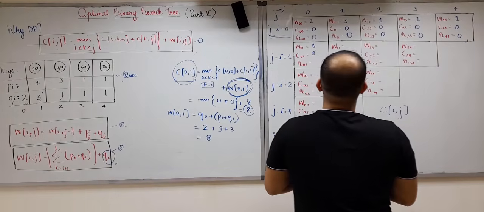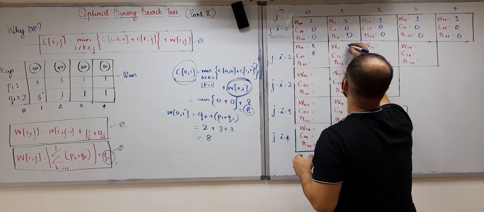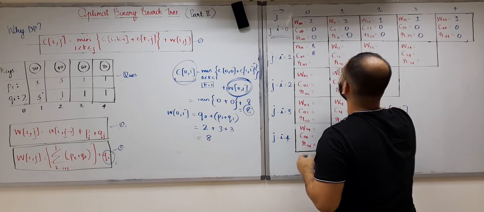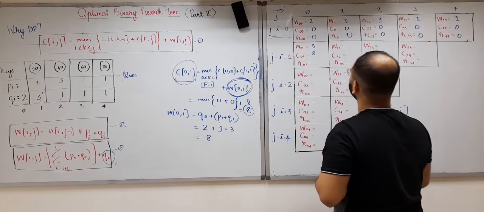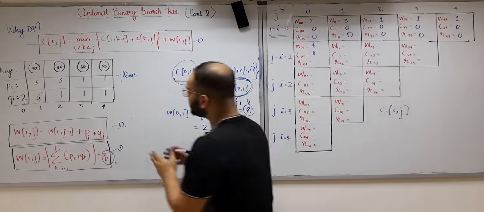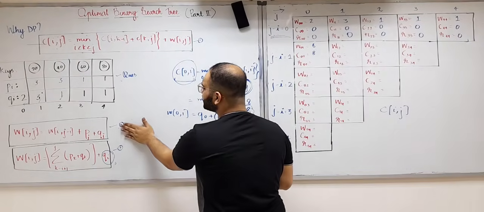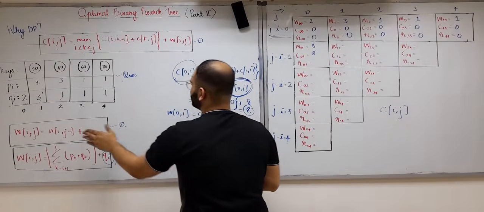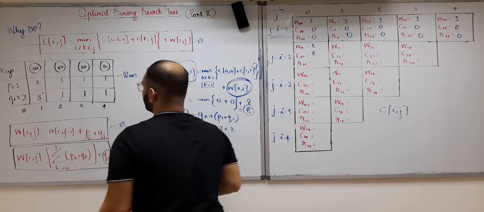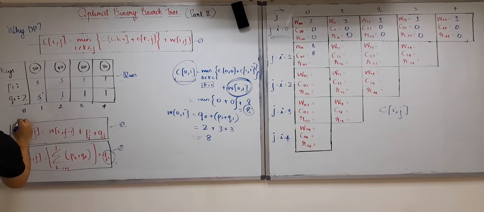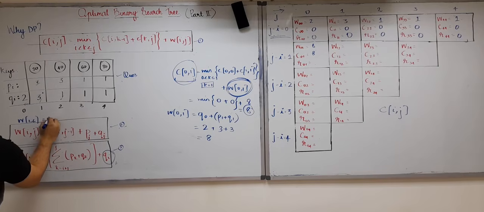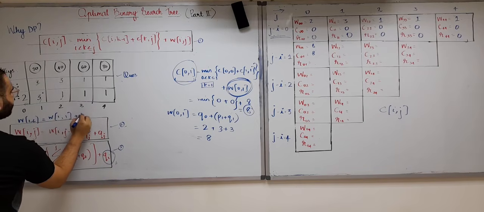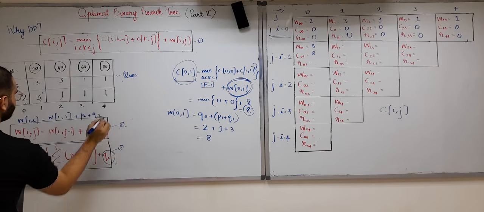Okay. So if you want to find out the weight of W1 comma 2, what do you think it will be? Rather than using the third formula, if we use the second formula, you will understand that W1 comma 2 is actually equal to W1 comma 1 plus P2 plus Q2.